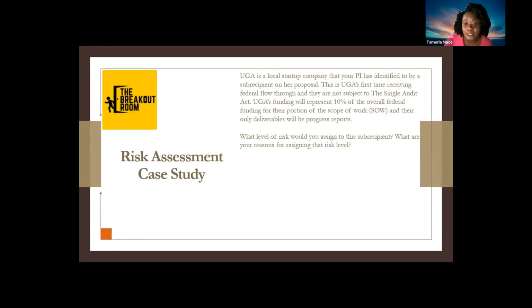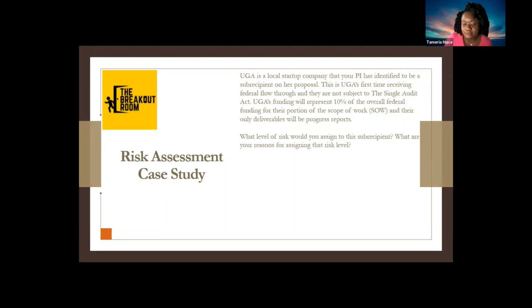We would do medium because we would get all of the financial information that we could to make sure that they would not default, but also we would mitigate that risk. We would write their agreement in a way that those reports and deliverables, that money would be tied to them actually doing the work and delivering on what they said they're going to do. So you can mitigate the risk at this institution.